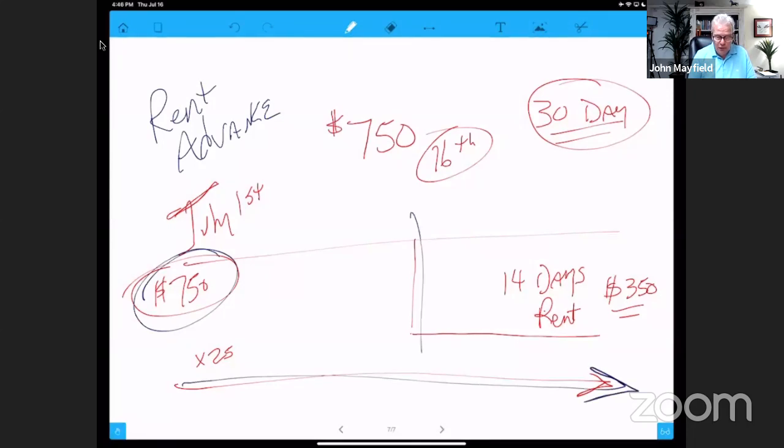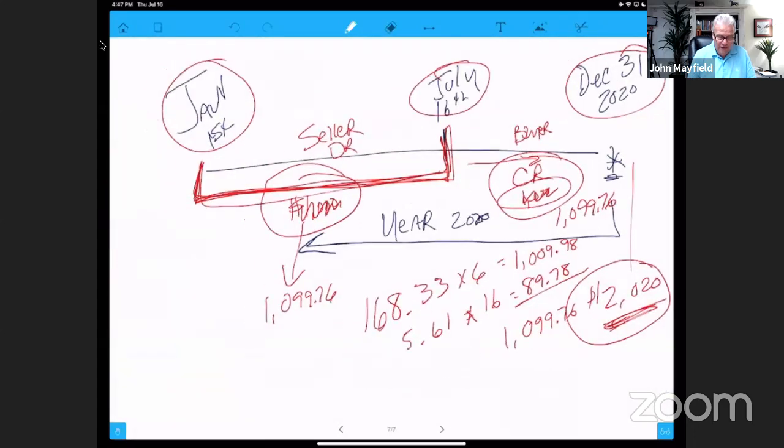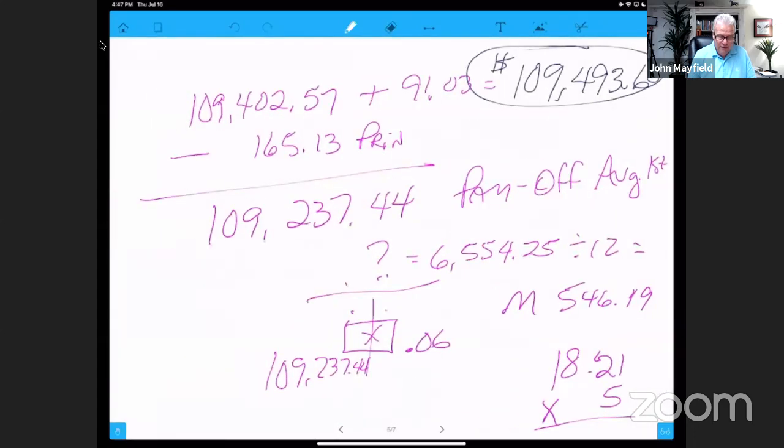If we close on the 16th, I owe you as the buyer 14 days of rent that's still in my pocket. It's $25 a day, so I just take 14 times 25 and I need to give you that money.